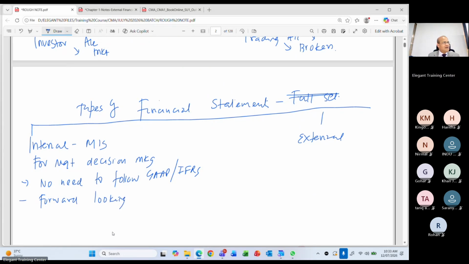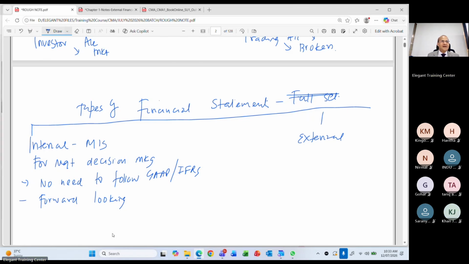Management is deciding about the future, so management needs financials for future decision making. We say forward looking. So internal financial statements are forward looking, required to take decisions for the future. Clear?